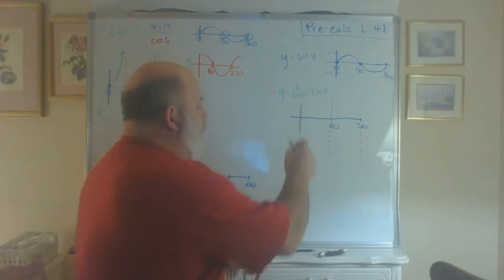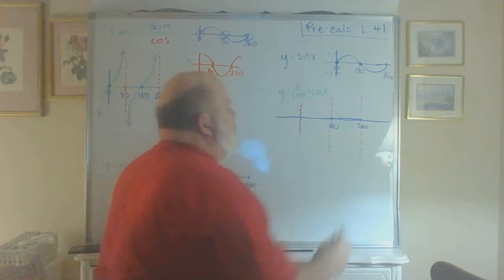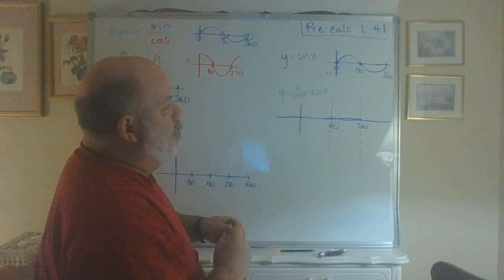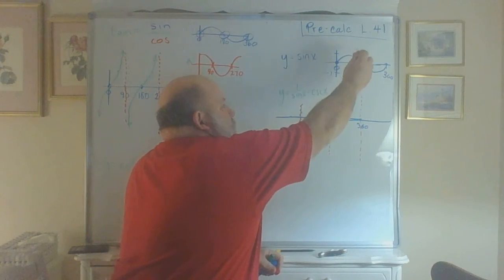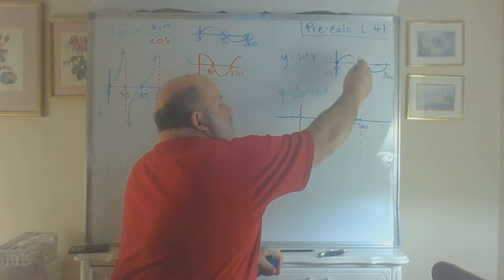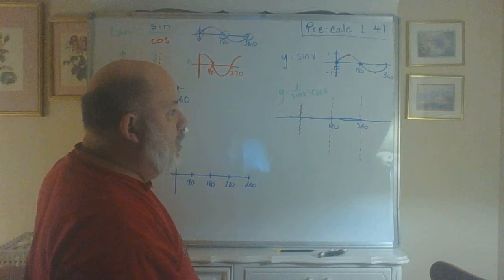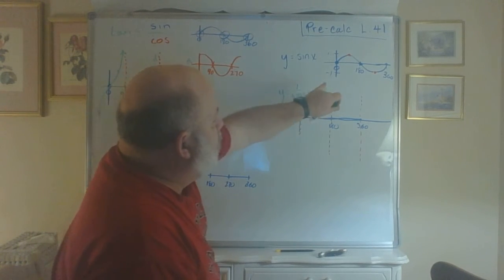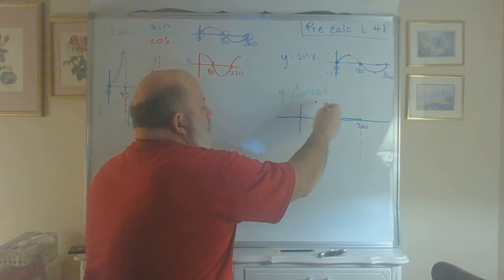Okay? Now we need to look at the second rule at the top of page 210. The second rule says that wherever this original graph has a y value of 1 or a y value of -1, excuse me, your reciprocal function will have that same point.